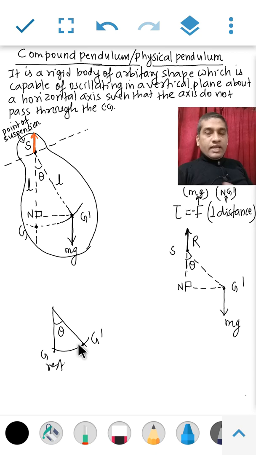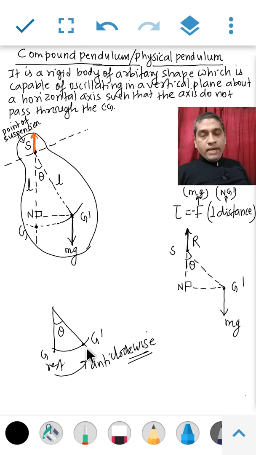If we see the direction of rotation, then it is anti-clockwise. Now due to restoring torque, the pendulum tries to come back to its original position, so that the restoring torque produces the rotation in clockwise direction. So for that reason we put a negative sign.